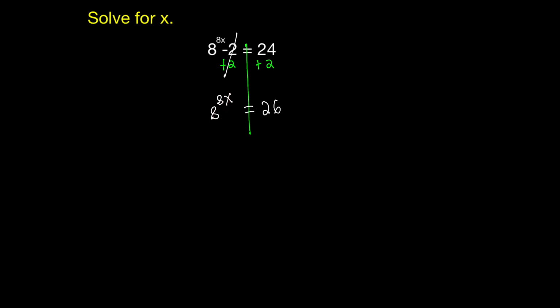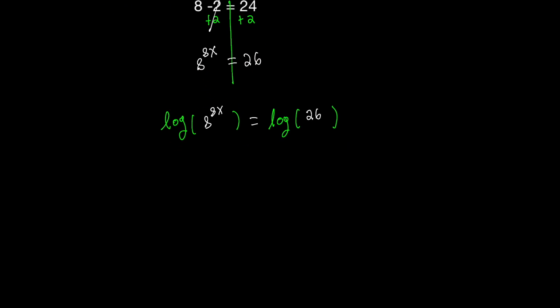Now that I have my exponential isolated, I'm going to begin to take the logarithm of both sides. So I'm going to get log base 10 of 8 raised to the 8x, and I'm going to set that equal to the logarithm base 10 of 26. So again, I took the logarithm of both sides.